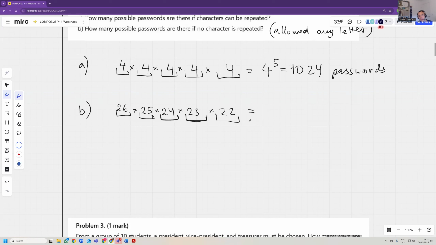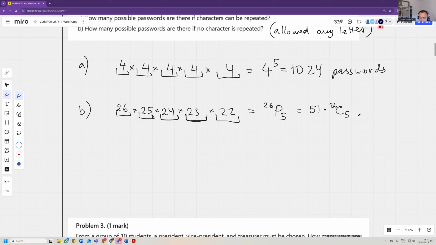When you multiply them together, you get a value. But there's a short way of writing this value, and that is 26P5. This is the short way of writing it. It's similar to choose, but P, and it's equal to 5 factorial multiplied by 26 choose 5.